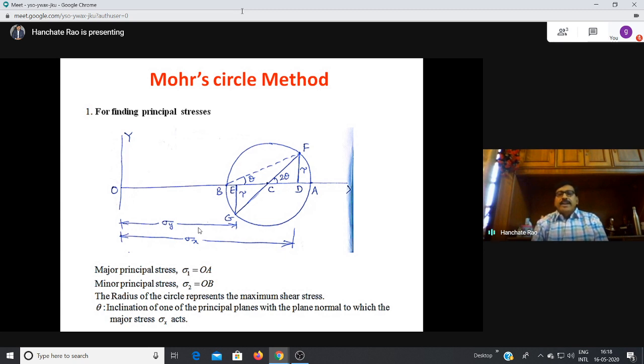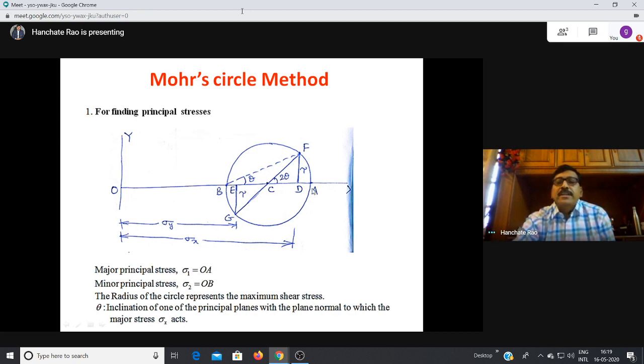You know the radius of the circle. After drawing point A and point B, bisect AB such that you get the center point C. Now with C as center, and OA or OB as radius, draw a circle.